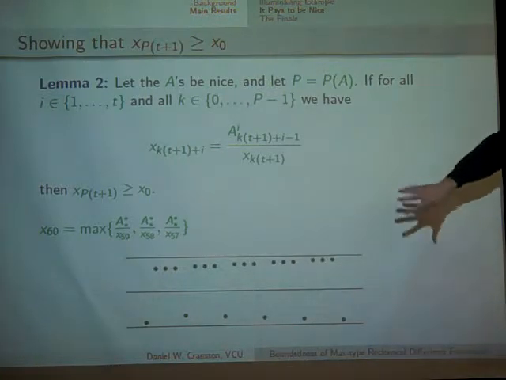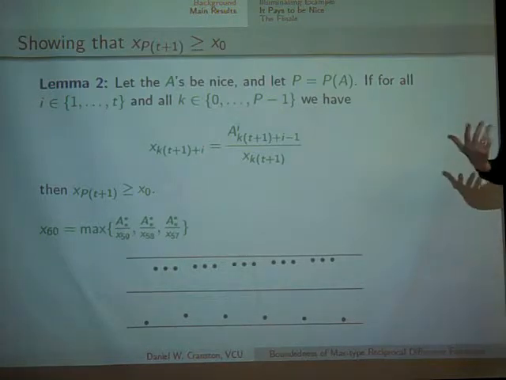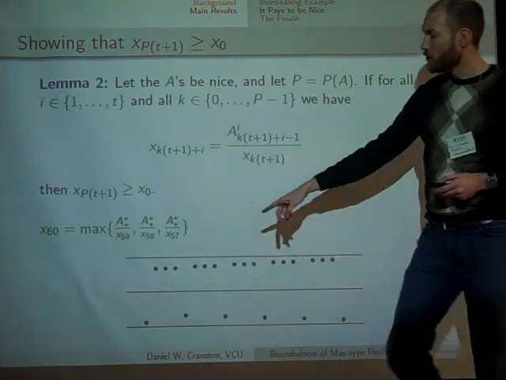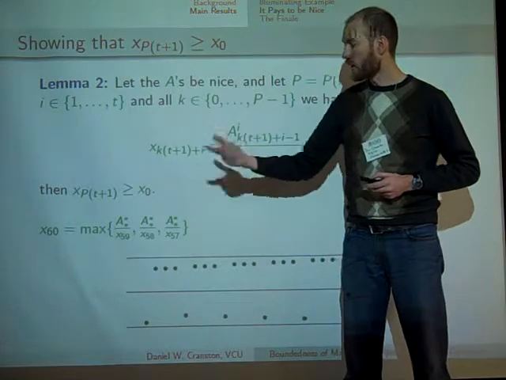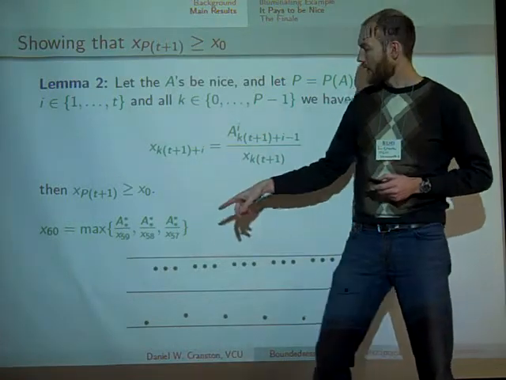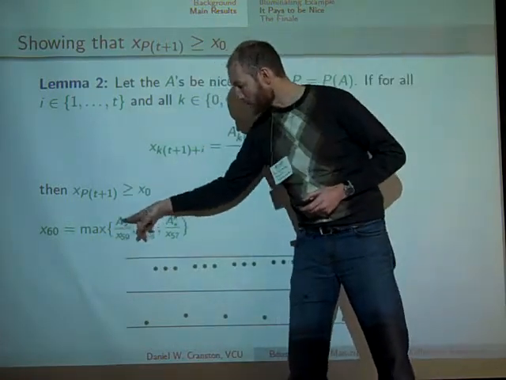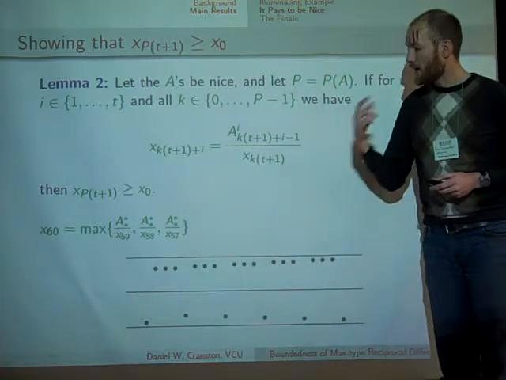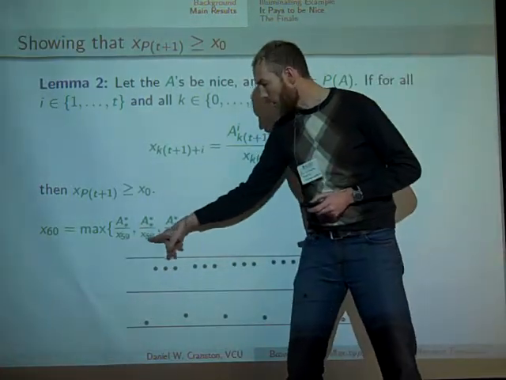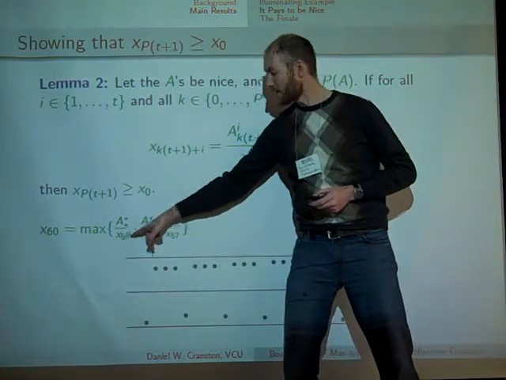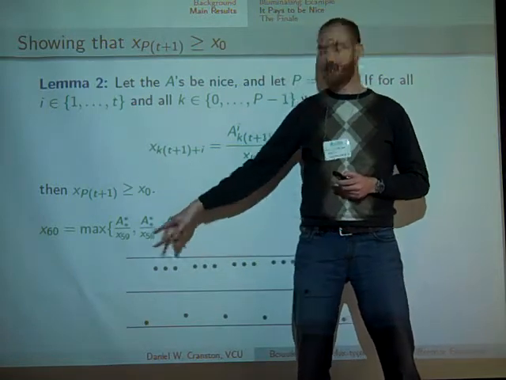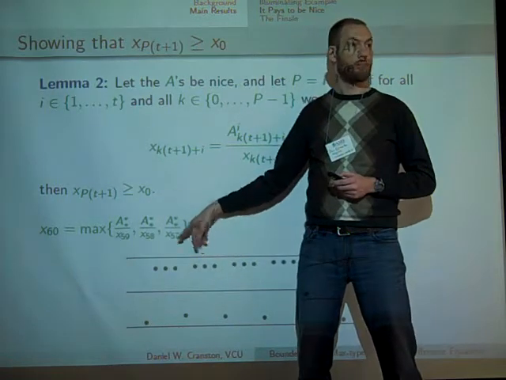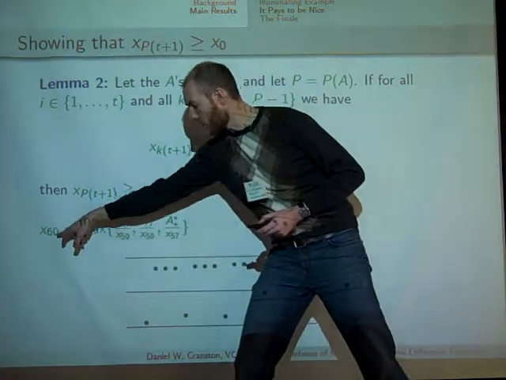So now, how are we going to prove this? The basic idea is that we're going to unroll the recurrence, right? x60 is defined in terms of the max of these things, and for each of these things, we know that this is actually defined as something over x56, because that's t plus 1 terms earlier.